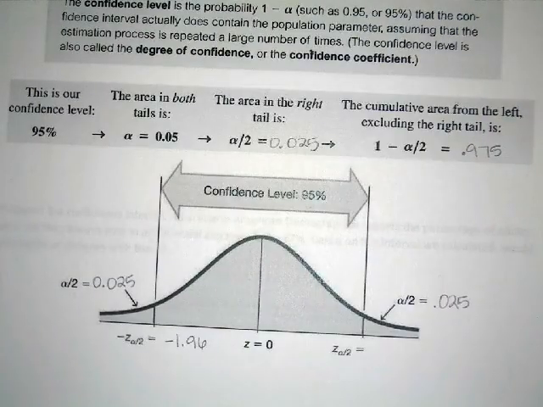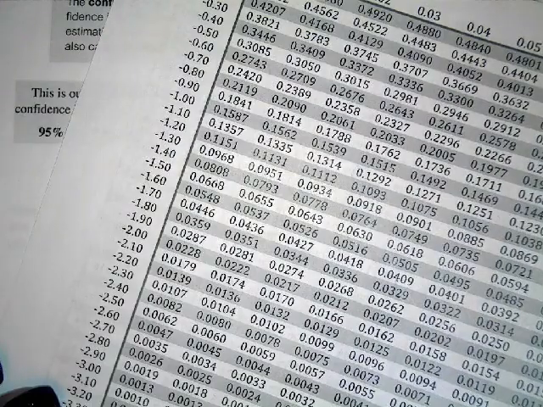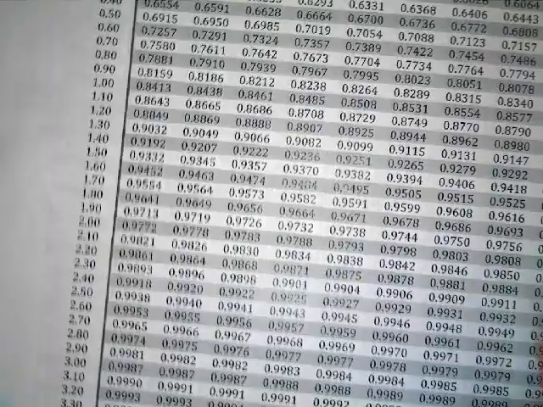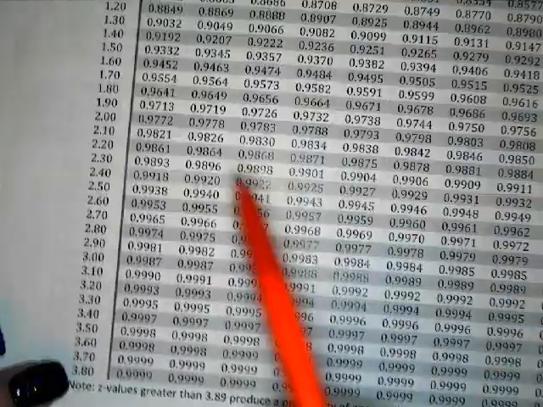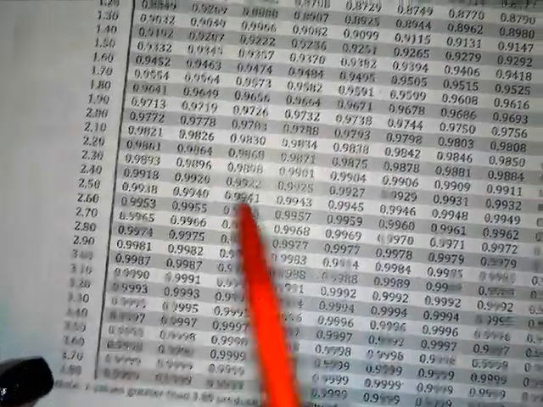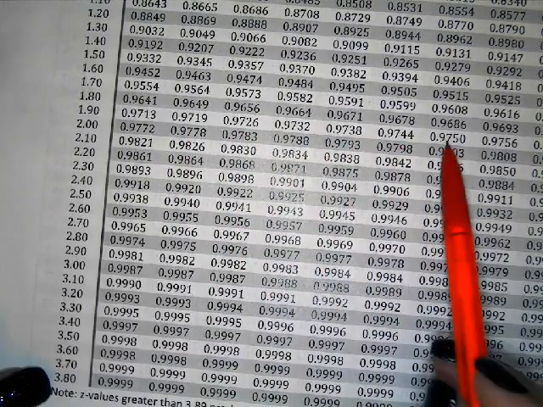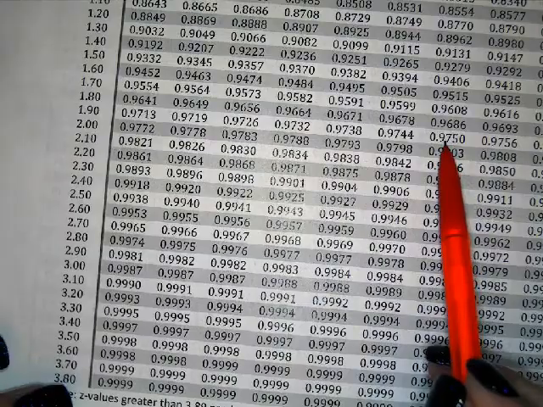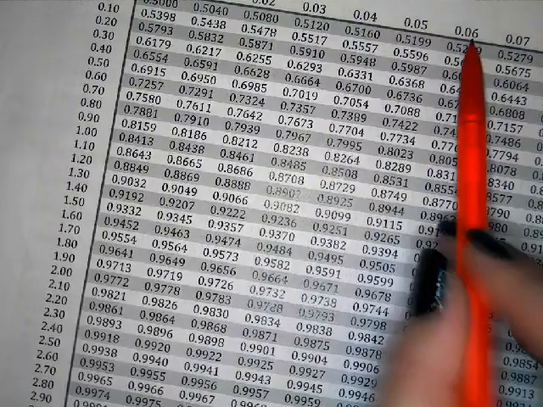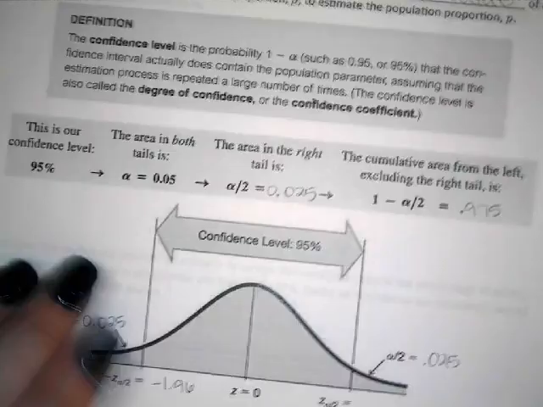Okay, so if I look for a 0.975 probability, 0.975 is right there. That's 1.96. Makes sense. There's some symmetry there.